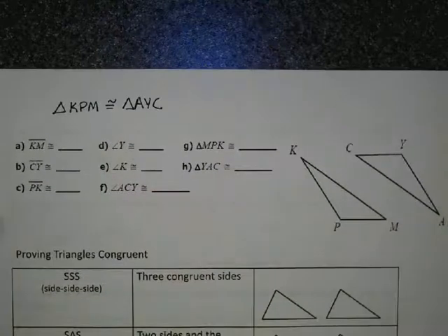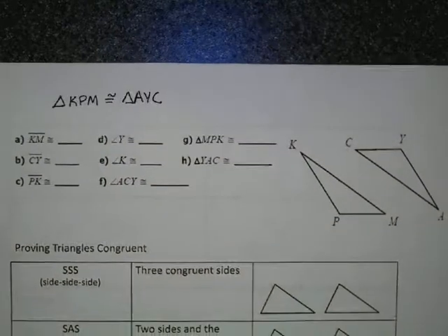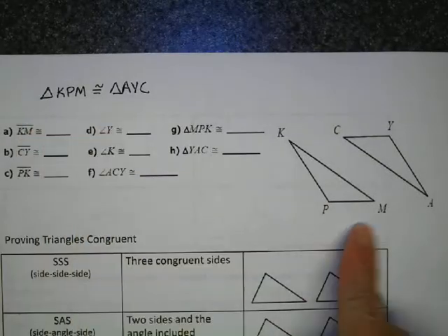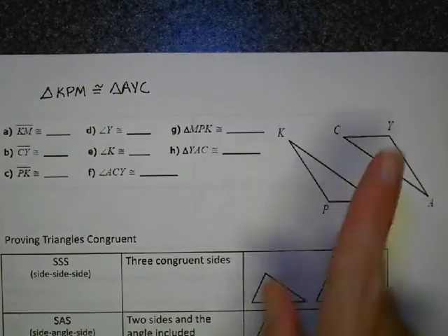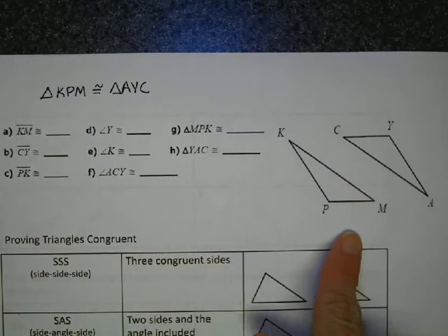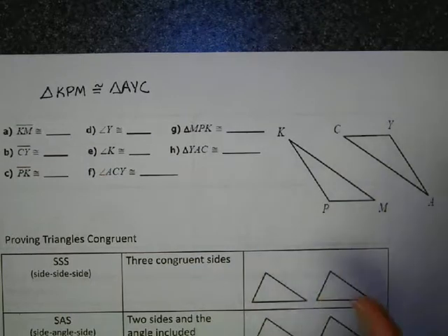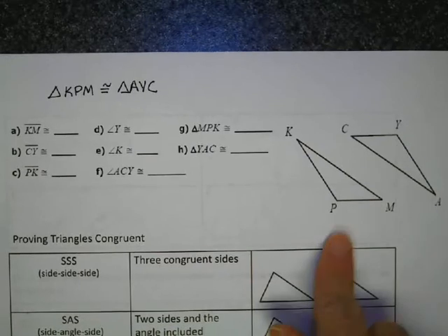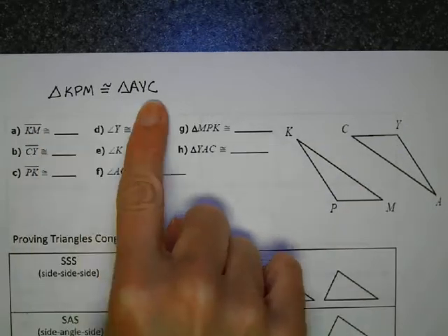The reason they give you this in the directions is because sometimes the picture might seem obvious about which angle matches which angle, but if it's rotated or flipped, it might be hard to tell what angle matches. So that's why they give it to you in the directions.